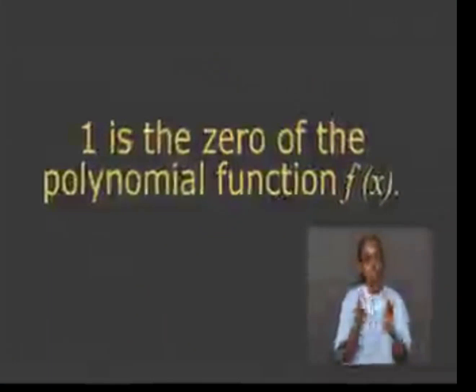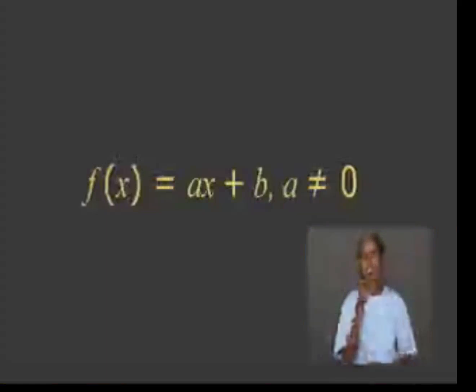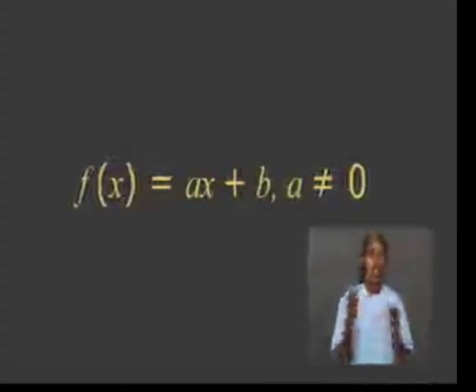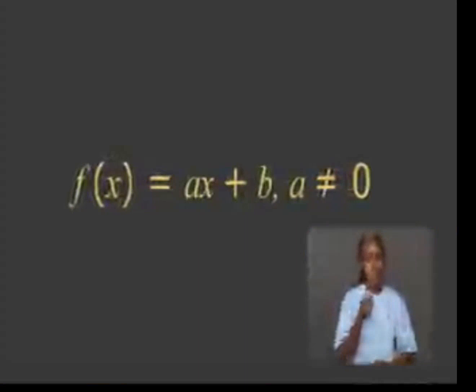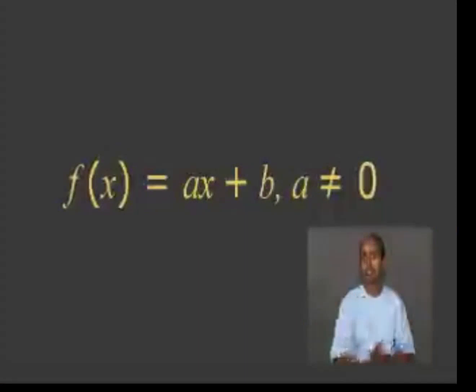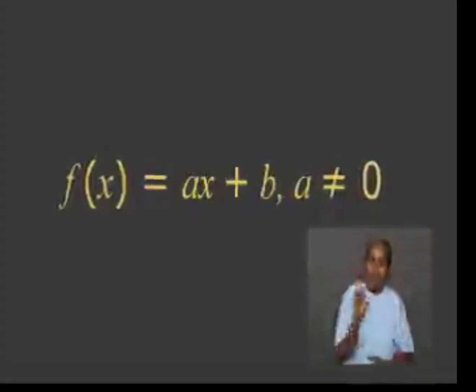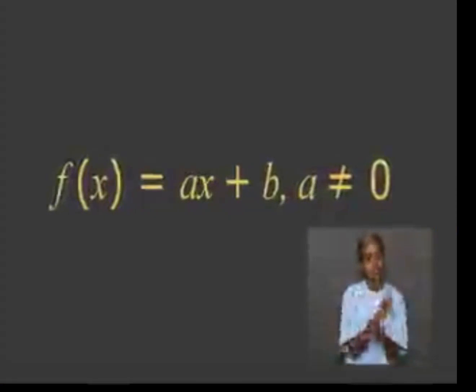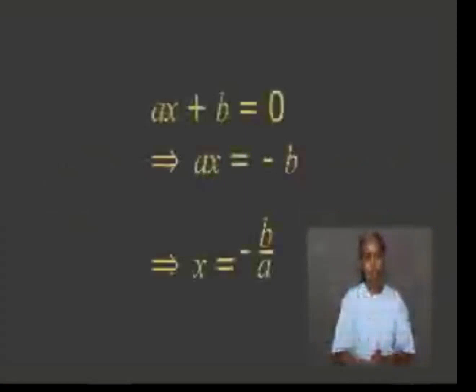x. To find the zero of a linear polynomial function, like f of x equals ax plus b, when a does not equal 0, we find the value of x for which the function equals 0. Let us work backwards.